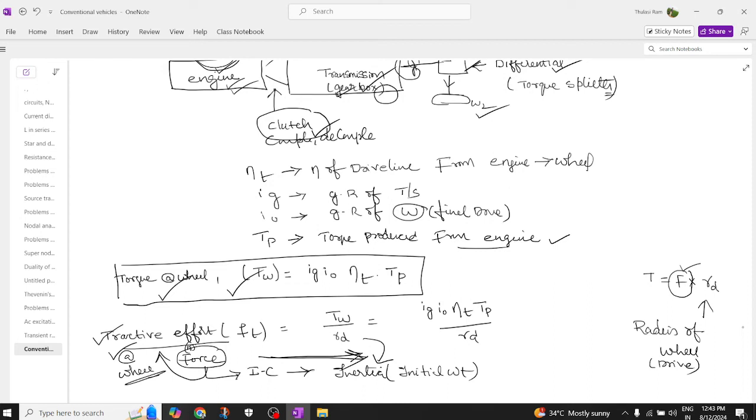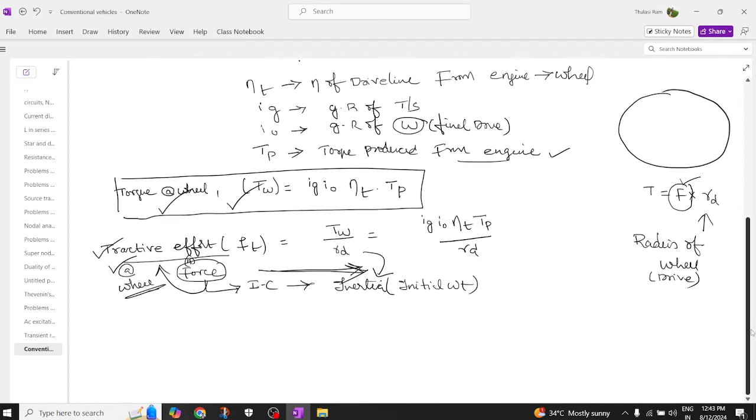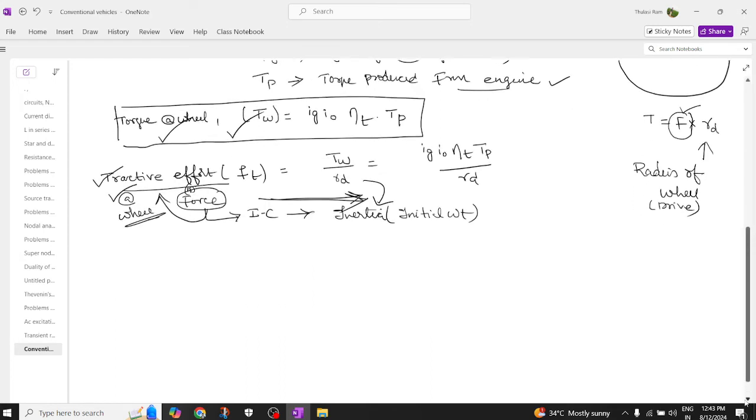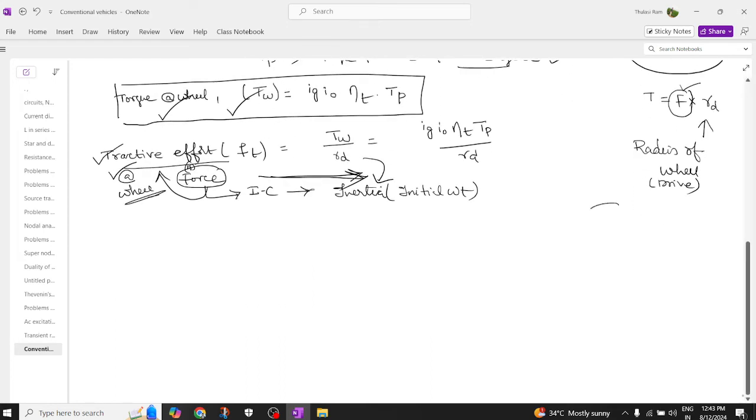So if you want to see how this tractive force is developed, let's try to have our IC engine wheel. I'm not much of an expert in drawing circles or diagrams, just for your understanding.